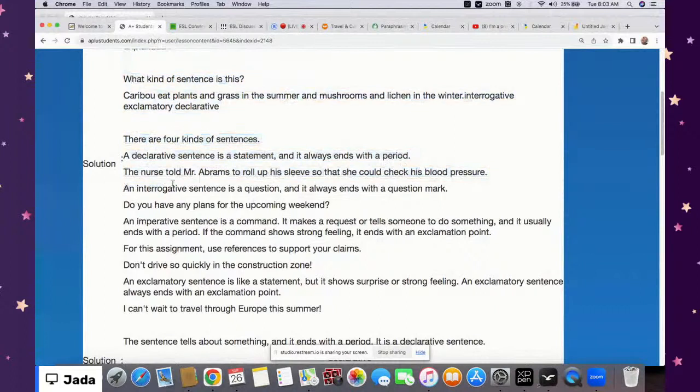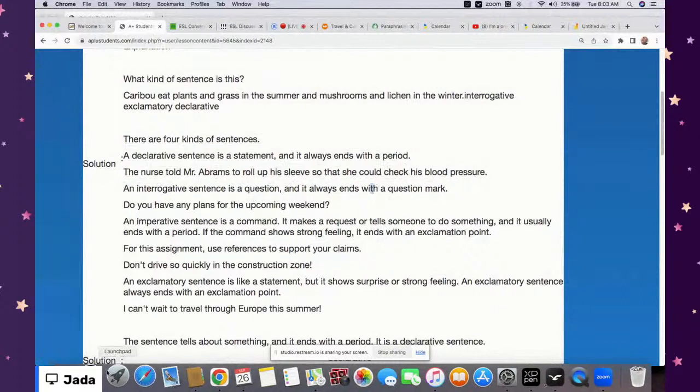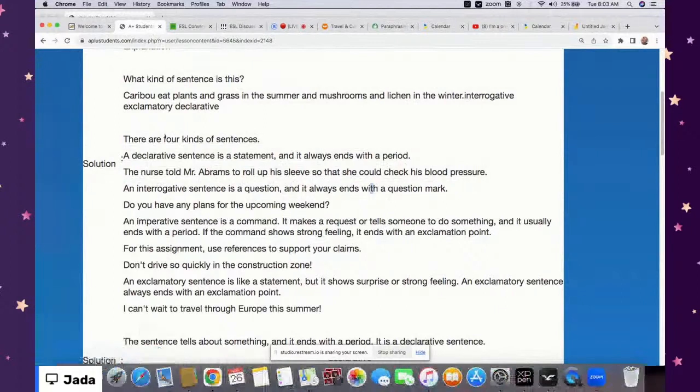An interrogative sentence is a question and it always ends with a question mark. So when you are interrogating, you are asking a question. Just like when we say interrogate, all right? So interrogative is asking a question. You could be asking about anything.